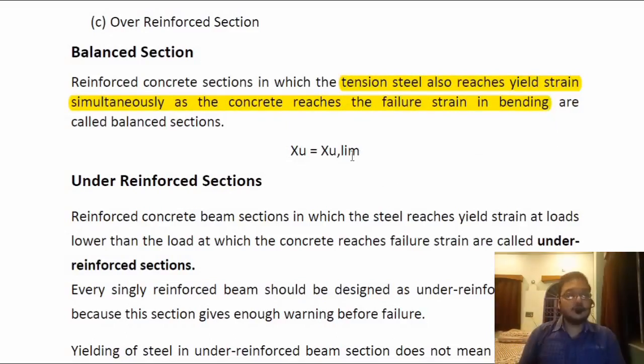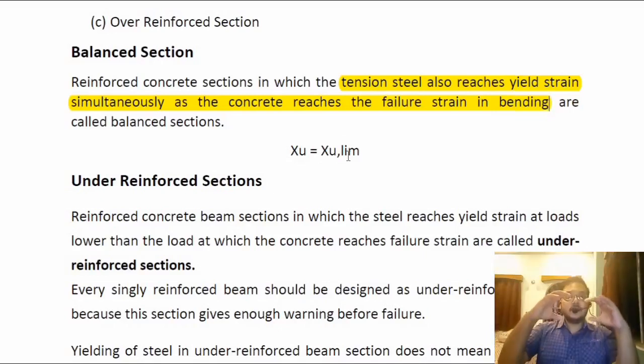This is where our actual engineering comes in: we have designed a particular reinforced concrete section where the amount of steel is provided in such a way that the steel takes up the maximum possible strength it can take, and it starts reaching its yield strain at the same time when the concrete reaches the failure strain in bending.